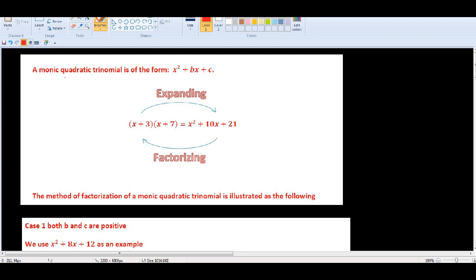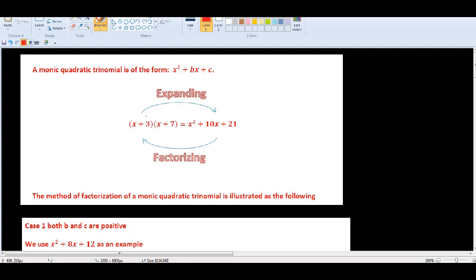Quadratic means you see x squared and sometimes you got x. Trinomial means 3 terms. So all these things are technical definitions of what we are doing today.